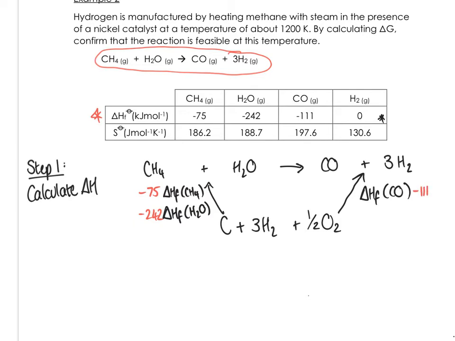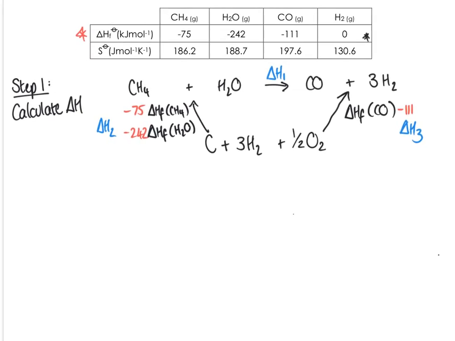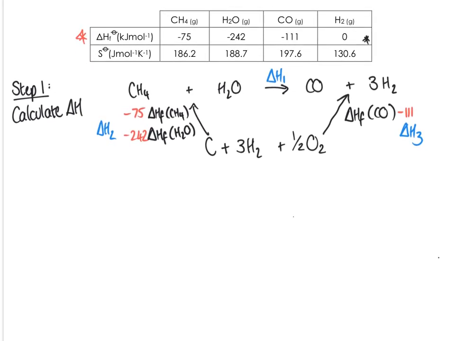Okay, so next step is to work this out by Hess's law. So we'll label this as delta H1, the left hand arrow is delta H2, and the right hand as delta H3. Okay, so we have the values for delta H2 and delta H3 so far. So let's calculate those first.